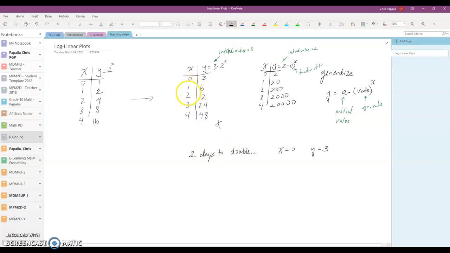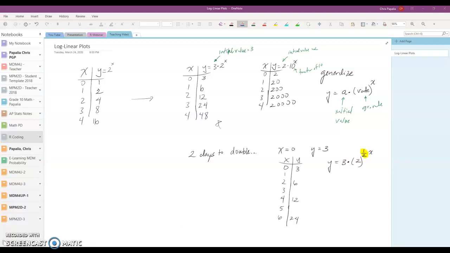Right here, each 1 day is a double. Now it's going to take 2 days to double. I want you to try to come up with an equation or a table of values, depending which class you're in, that will help explain that. So what equation would model that situation?